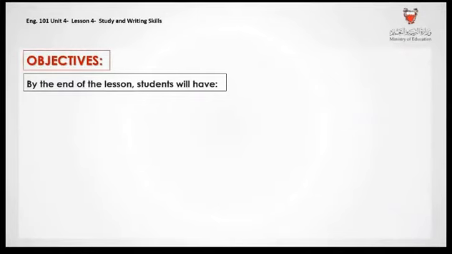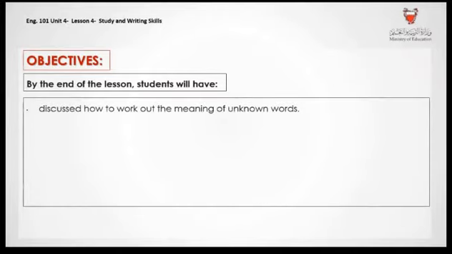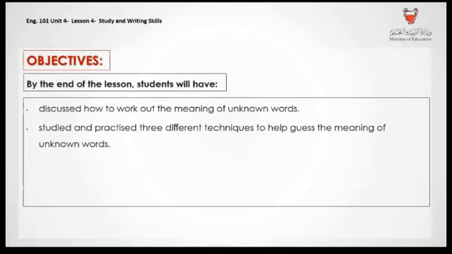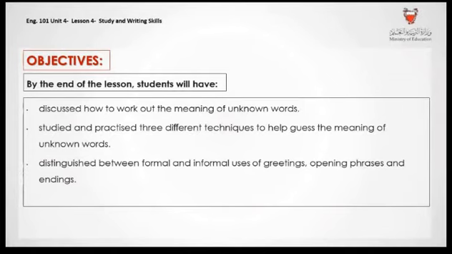So, let's look at our objectives for today. By the end of the lesson, students will have discussed how to work out the meaning of unknown words, studied and practiced 3 different techniques to help guess the meaning of unknown words, distinguished between formal and informal uses of greetings, opening phrases, and endings.